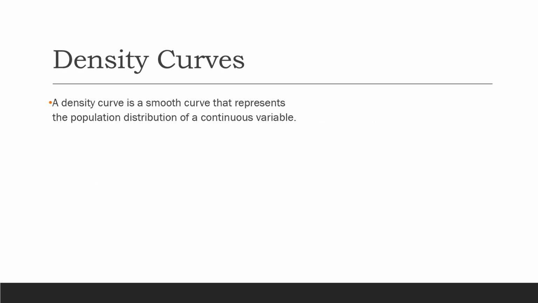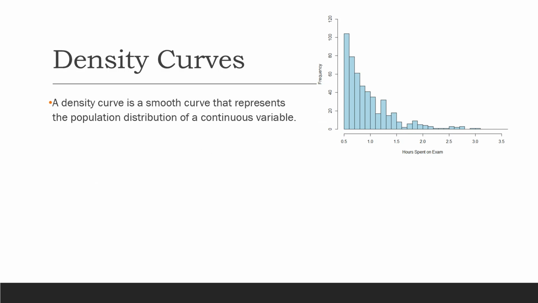Let's say that we had an example where we collected a sample of individuals. We measured the amount of hours that they spent taking an exam. We can see that most of the students in this sample took between half an hour and maybe 1.5 hours, while very few of these individuals spent 2 or more hours on that exam, right?